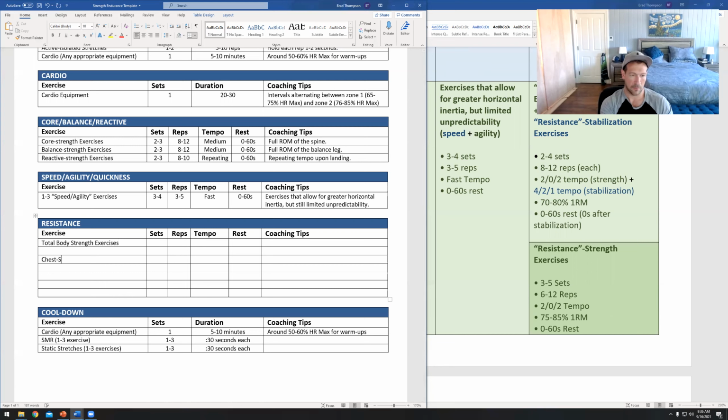Okay, we're going to superset those together. And then we're going to follow the same thing for our back: back strength plus back stabilization.